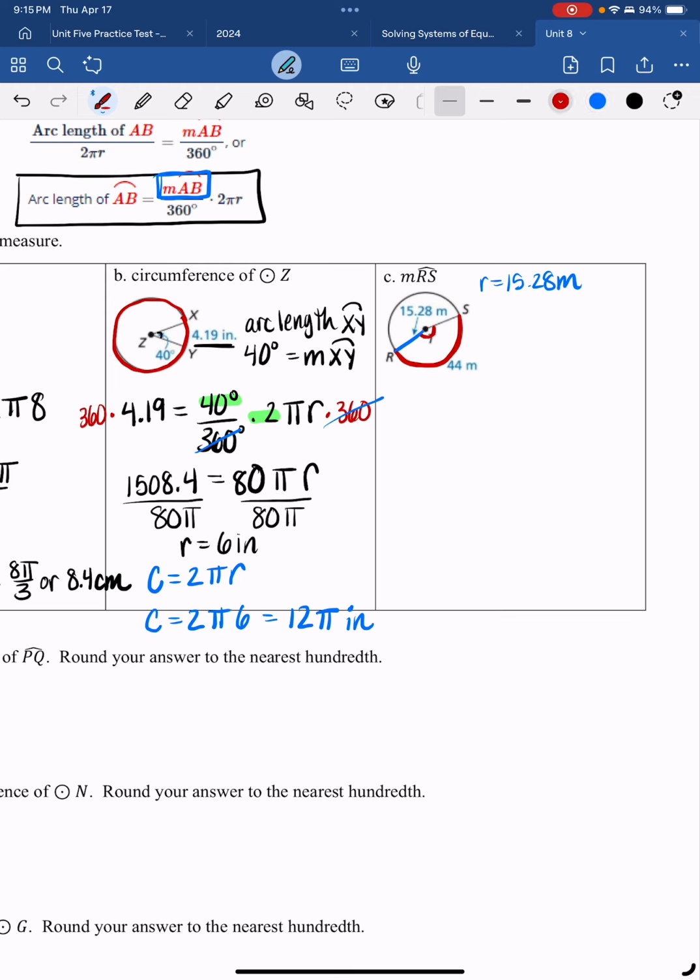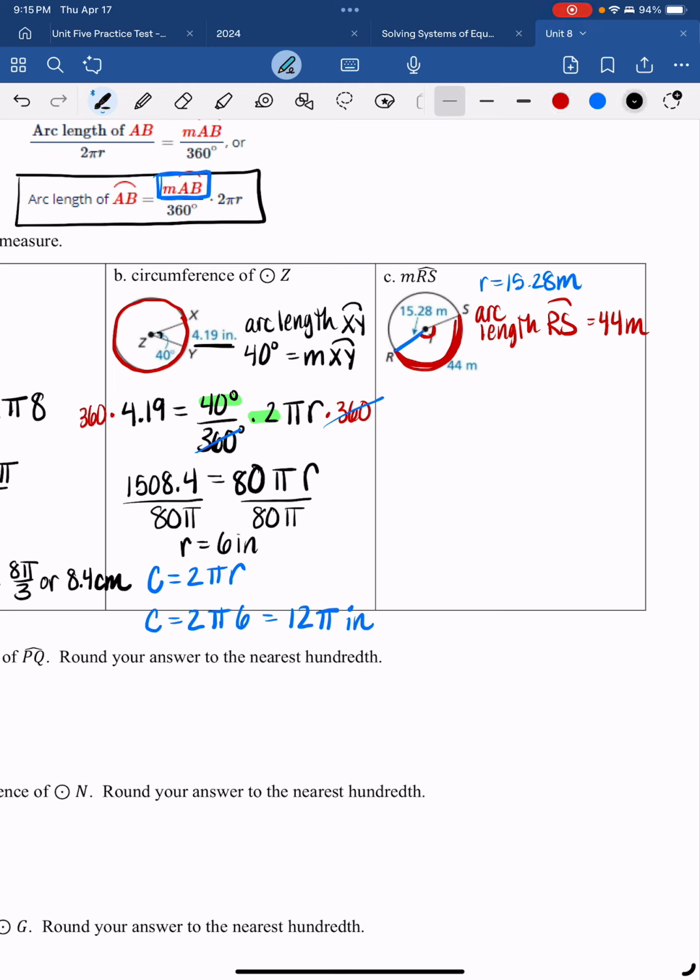We know how far along the arc we have here. That's our arc length, arc length RS. That's equal to 44 meters. And then, like I said, we were trying to find the measurement of that arc in degrees.